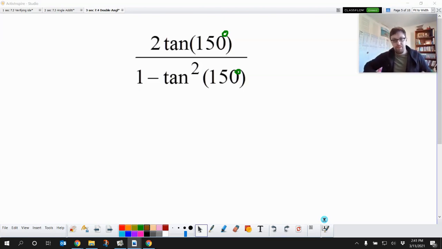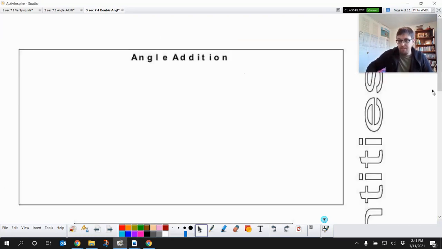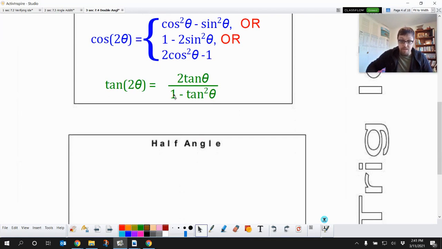Ugh, can't be bothered. This is the same as tangent double angle. So instead of doing all this nonsense, how about we just do what tangent double angle tells us to do? So it matches this. Just double the angle and slap that in tangent.